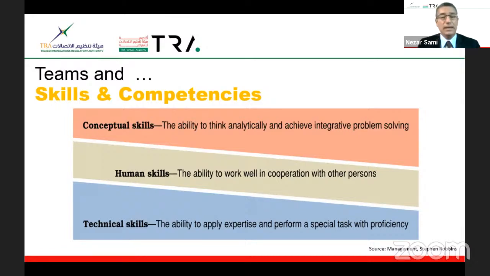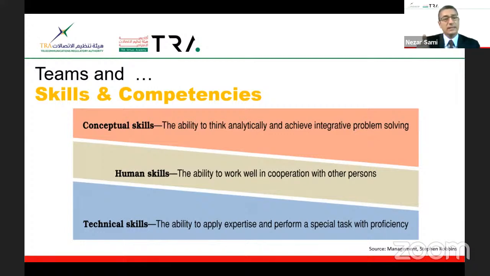The finance guy, as well as the rest of the team. So do we have this type of conceptual skills? How to think strategically, how to think in a visionary way, how to collaborate, how to solve the problem. So this is a third level of skills that we need to have.